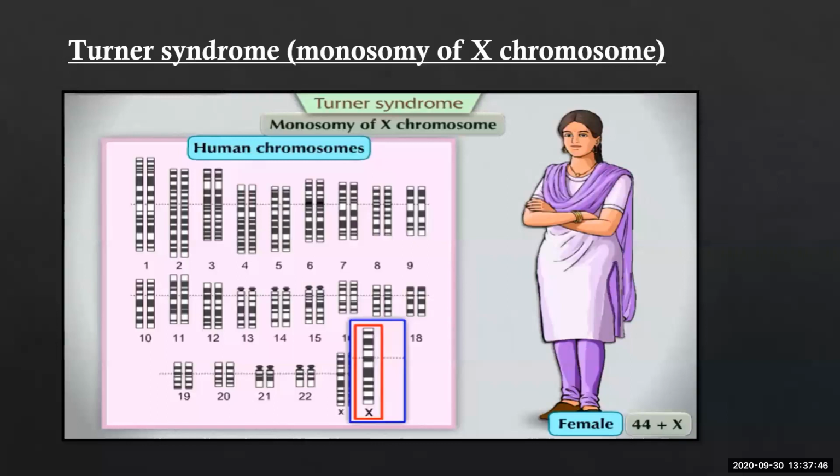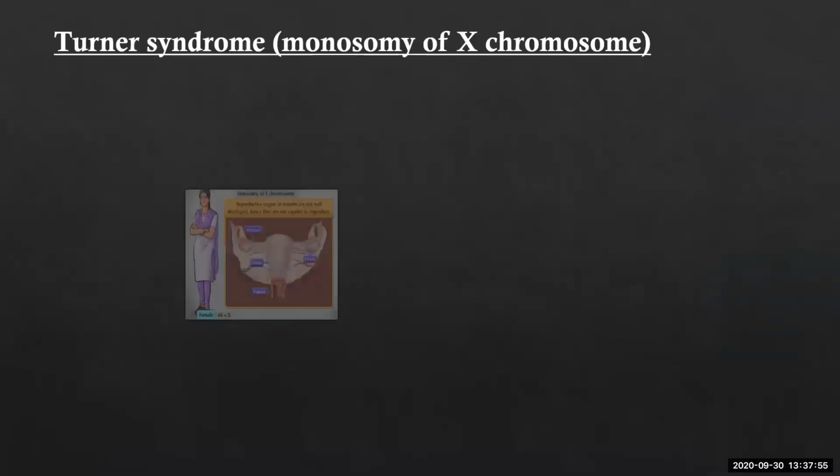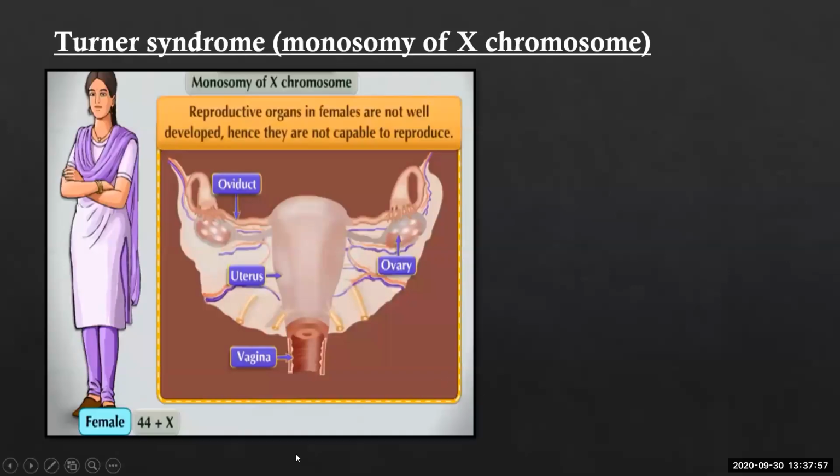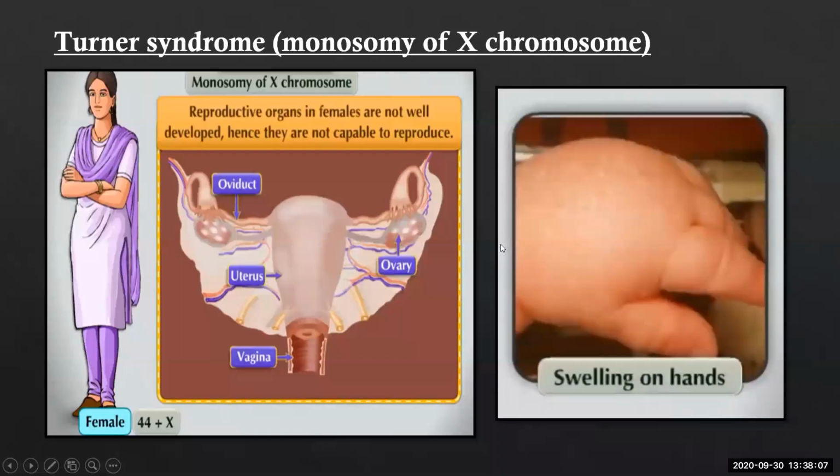So they represent with the chromosomal number 44 plus X. You can see here the reproductive organs in females are not very well developed, so they cannot be able to reproduce, and also they are having swelling in the hand. The hand of the Turner syndrome female is having swelling.